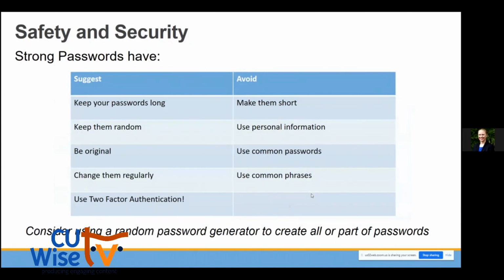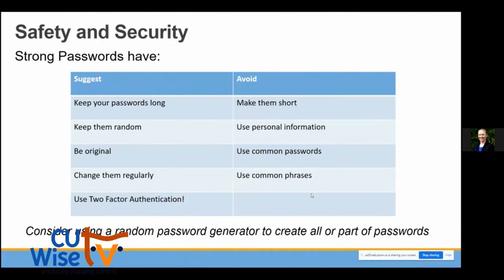Two-factor authentication allows you to use a secondary device like your phone or tablet to confirm you are who you say you are when you log in somewhere. For example, with your email, if you have set up two-factor authentication, once you've logged into your email with your username and password, it's going to ask you to put in a code that they've just sent to your phone.